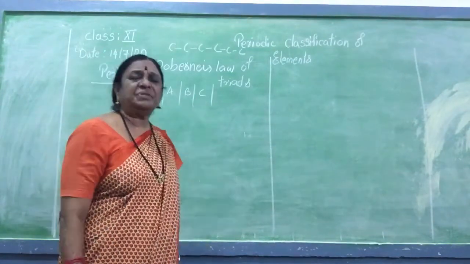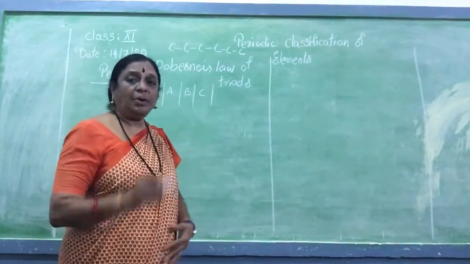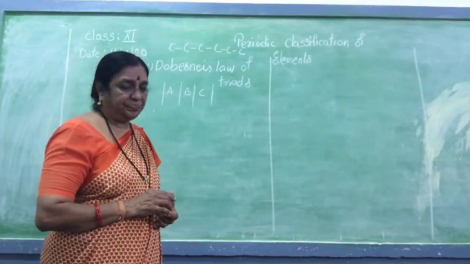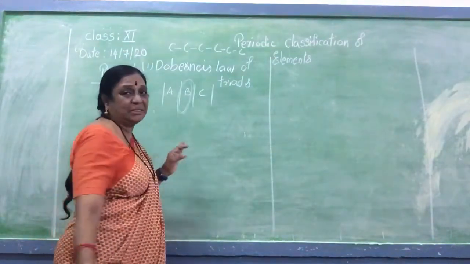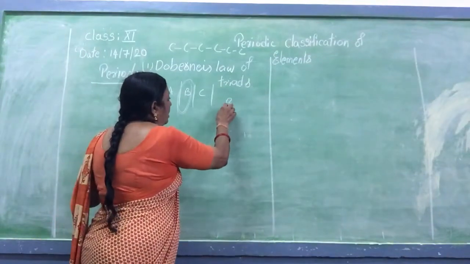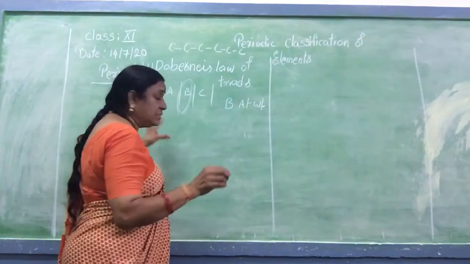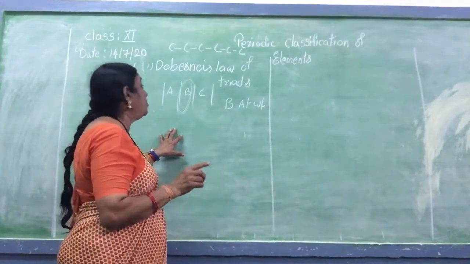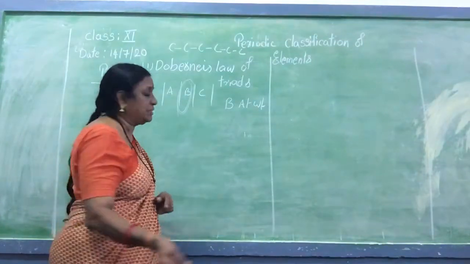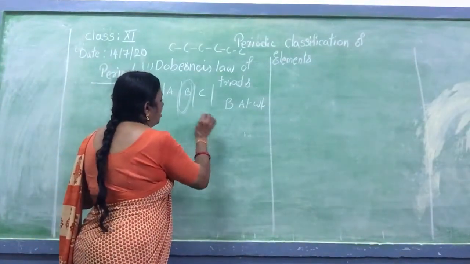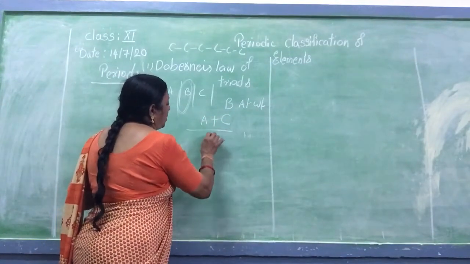What is the meaning of this law, children? According to Dobereiner, suppose B is the middle element. The atomic weight of this element is the arithmetic mean of the first element and the third element. What do you mean by that? First we have to take the atomic weight of A plus the atomic weight of C, divided by 2.